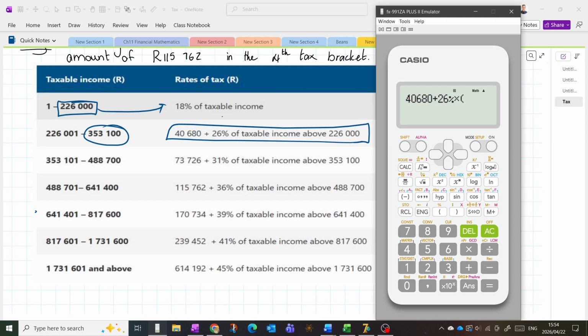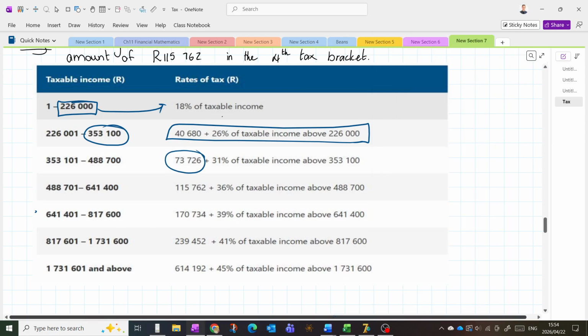So 353,100 minus this 226,000. And the reason we subtracted is because this 40,680 is already 18% of the 226,000. So we just need to now find out how much above it they are to do 26% of that. And we'll get the 73,726 Rand, which is this.